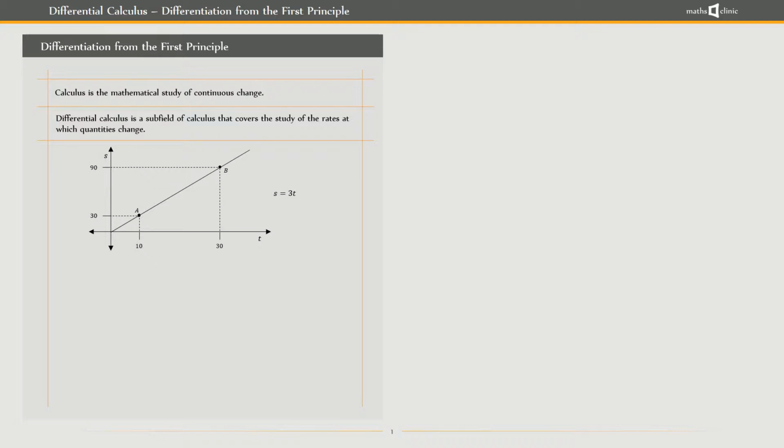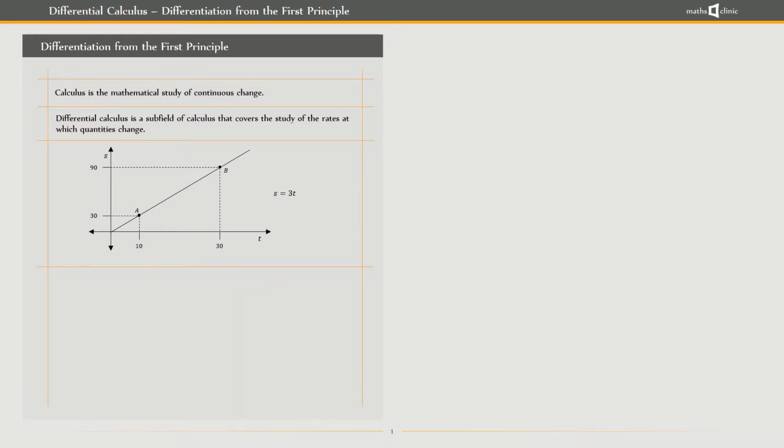But where exactly does differential calculus come in? Very often, bodies don't move as simply as this. We have a body moving with uniform speed in this case, and the graph of distance against time is a very simple, beautiful looking straight line graph. But very often bodies move in more complex forms, and that is where differential calculus comes in.